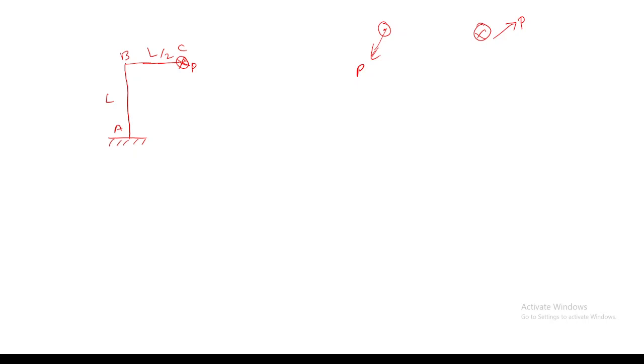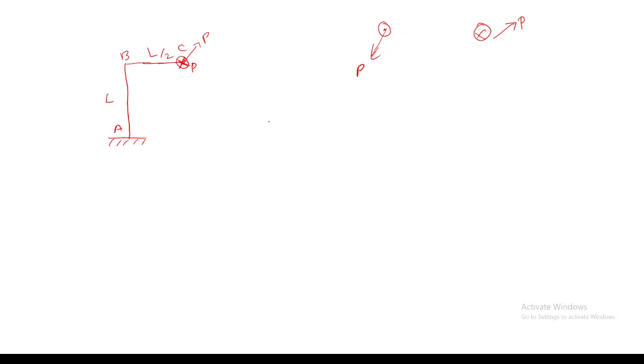So if I denote a force like this, then it is entering the screen. For example, you have to determine the axial load, the shear force, the bending moment diagram, and the twisting moment diagram at points A, B, and C.